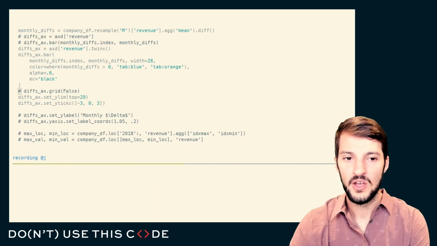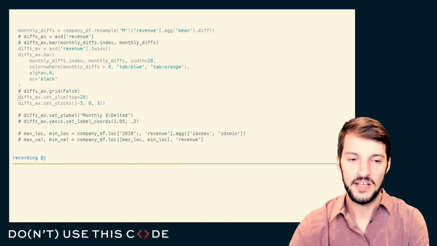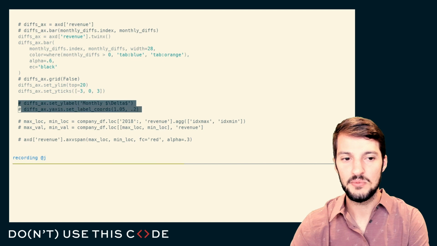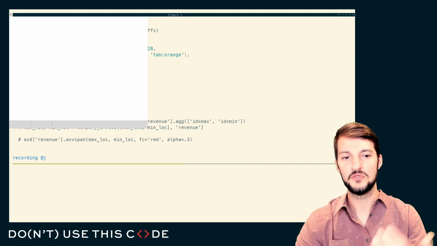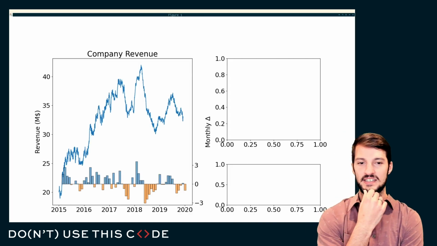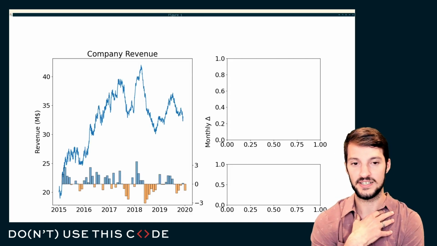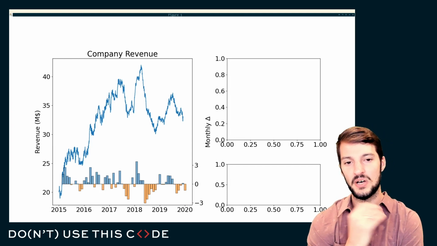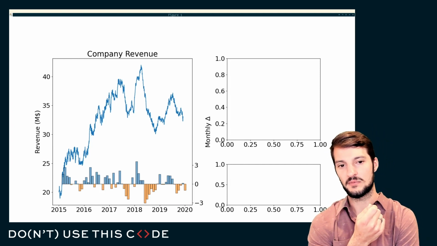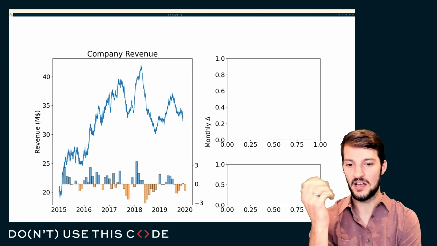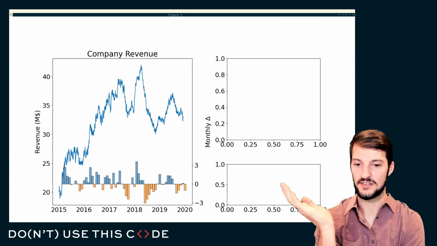And I'll show that to you in a moment, but I can also set my label and move my label. So what this looks like is if I change my Y label on my right-hand side to monthly delta, I could probably come up with something a little more descriptive, but you'll see that that Y label is really far away from my axes, and it's also still in the center of my set of axes here.